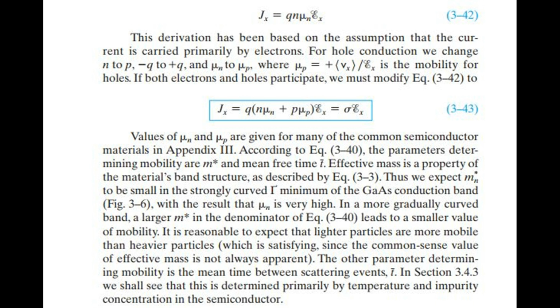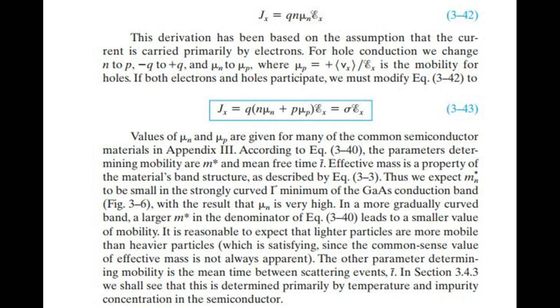According to EQ 340, the parameters determining mobility are m* and mean free time τ. Effective mass is a property of the material's band structure, as described by EQ 3.3. Thus we expect m*n to be small in the strongly curved minimum of the gallium arsenide conduction band, Fig 3.6, with the result that μn is very high.